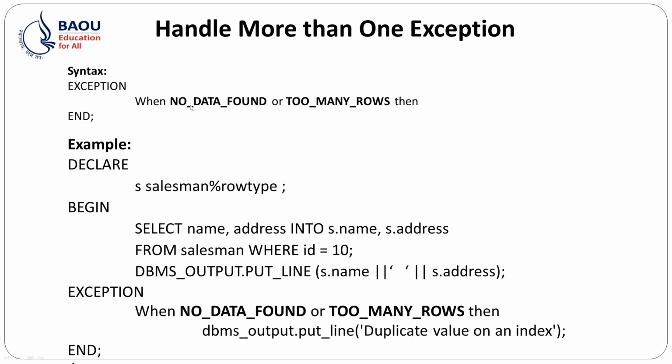So how can we handle more than one exception? Like this: when this error name or this error name, or we can write others.